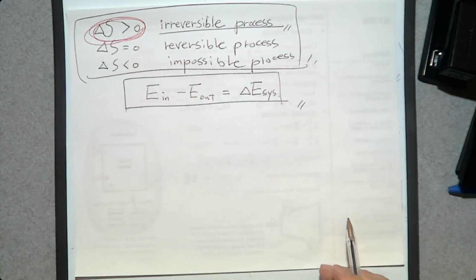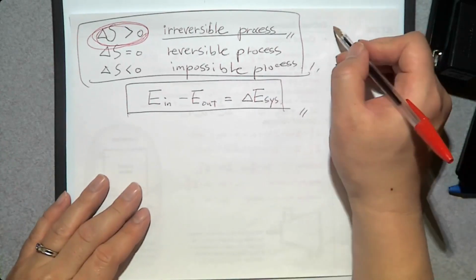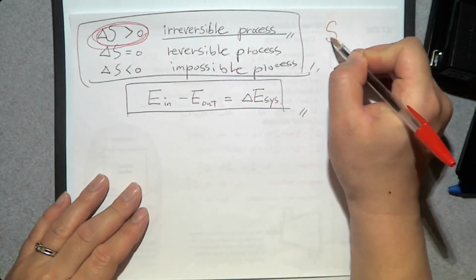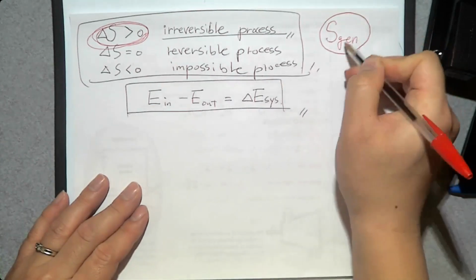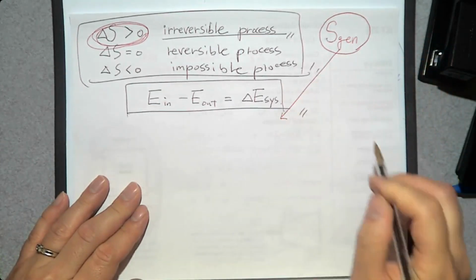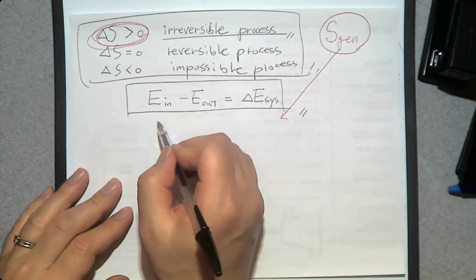Can we use the same rule for entropy? No. Why? Because entropy always increases. Then, what about if we include the increase of entropy, which is entropy generation? If you include it in this equation, then you can come up with the entropy balance equation.